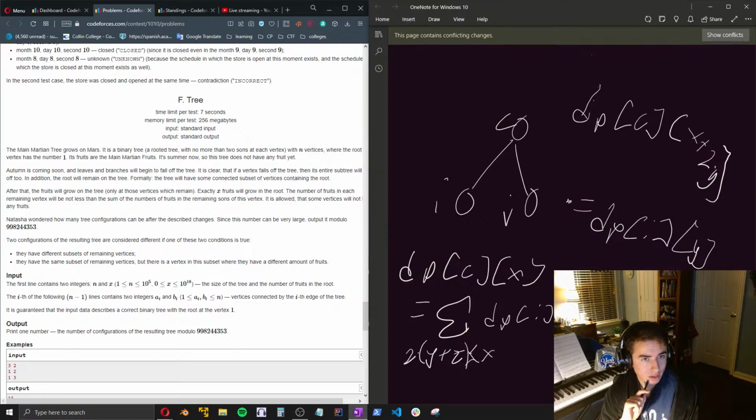Did I read this correctly? Oh wait, is it only the sum? It has to be greater than the sum of the direct children, I guess?